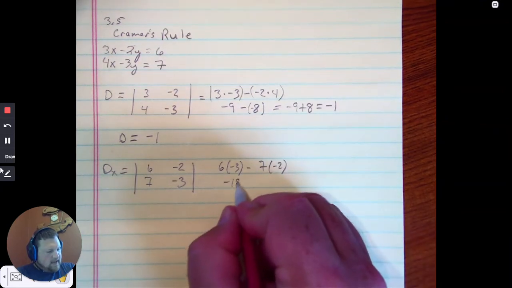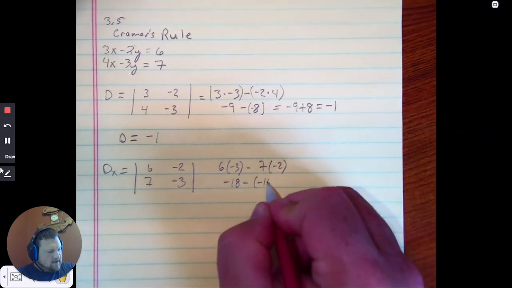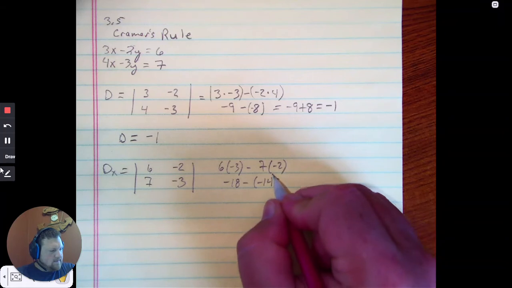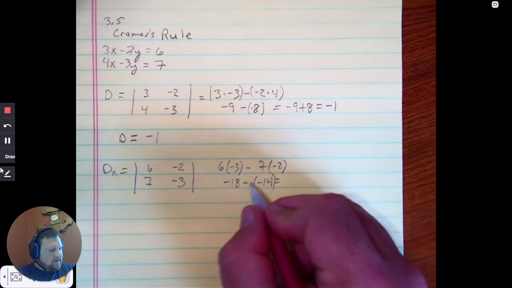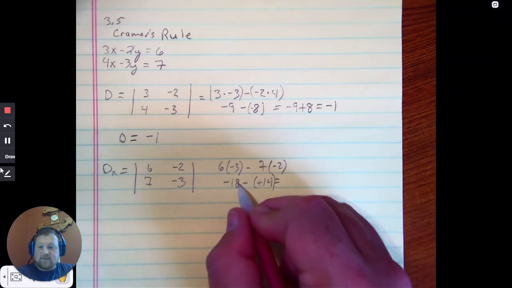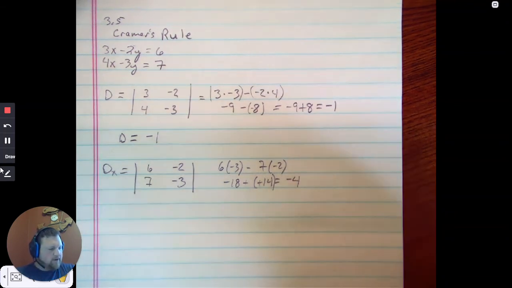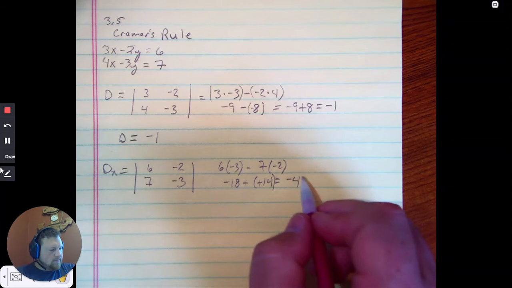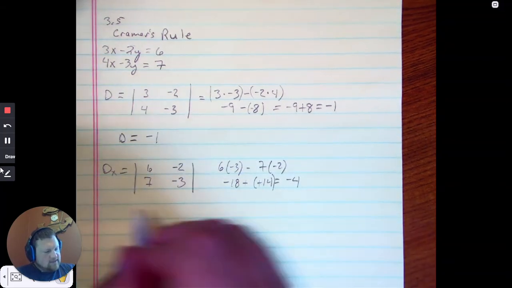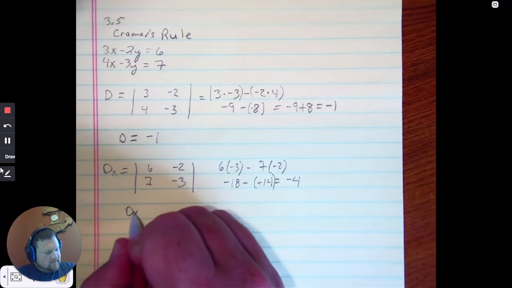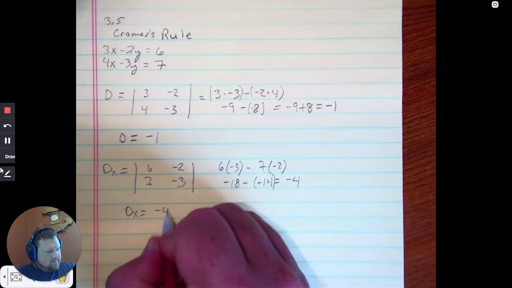So that would be -18 minus -14. So minus a negative is plus a positive. So -18 plus 14 gives me -4. So that's my determinant for d of x. So d of x equals -4.